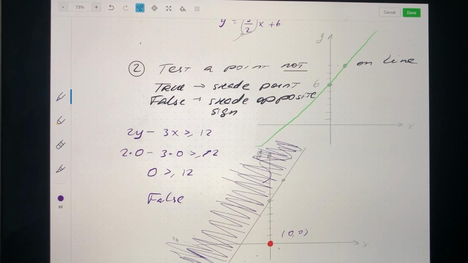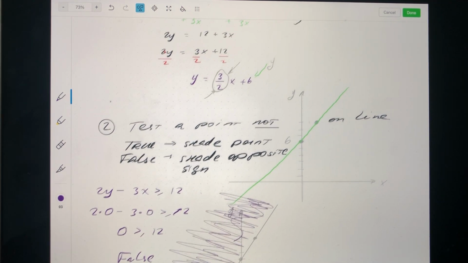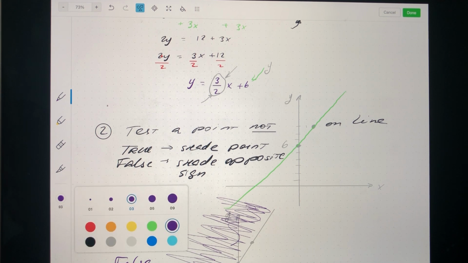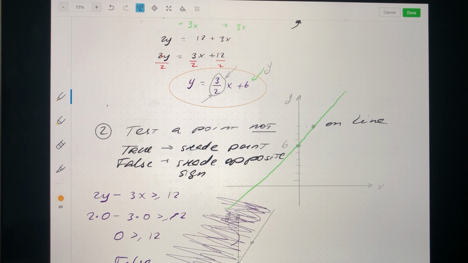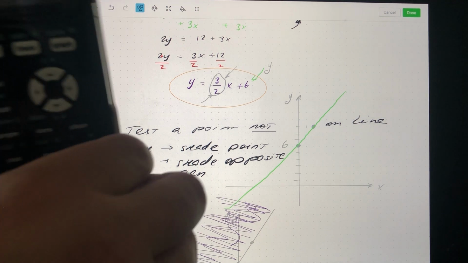And that's how the solutions to inequalities with two unknowns look. It's just a sketch like that. Now, with a calculator, we can also check our work because we now have it solved for y, so we can make use of it and type it in our calculator.